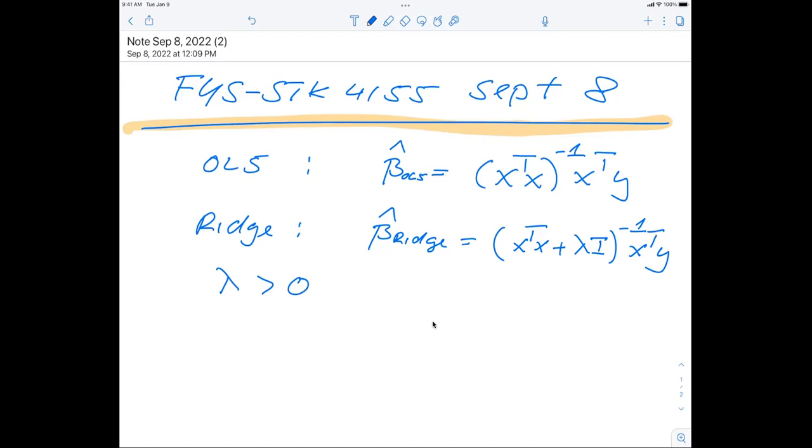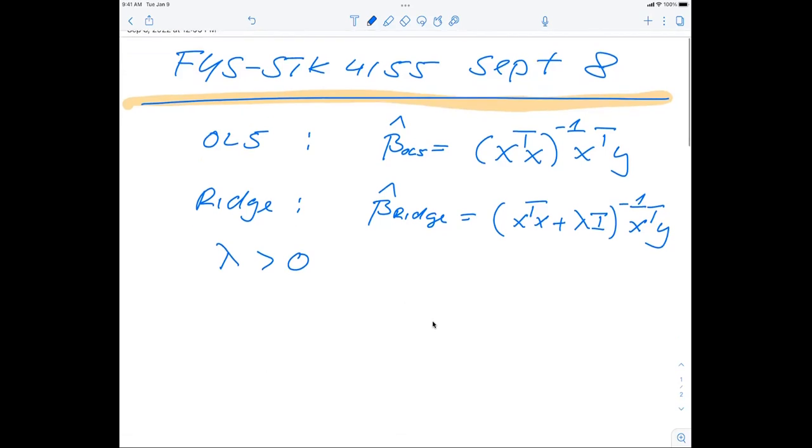And to remind you of the dimensionalities here, we have assumed now that X is not necessarily a square matrix. We assume that it has real elements, and it's a matrix of dimensionality n times p, where p is typically the number of features.